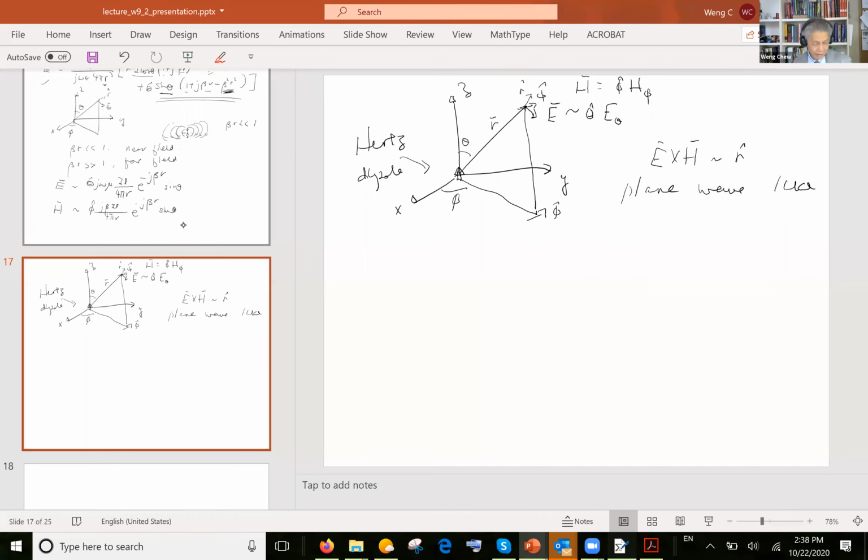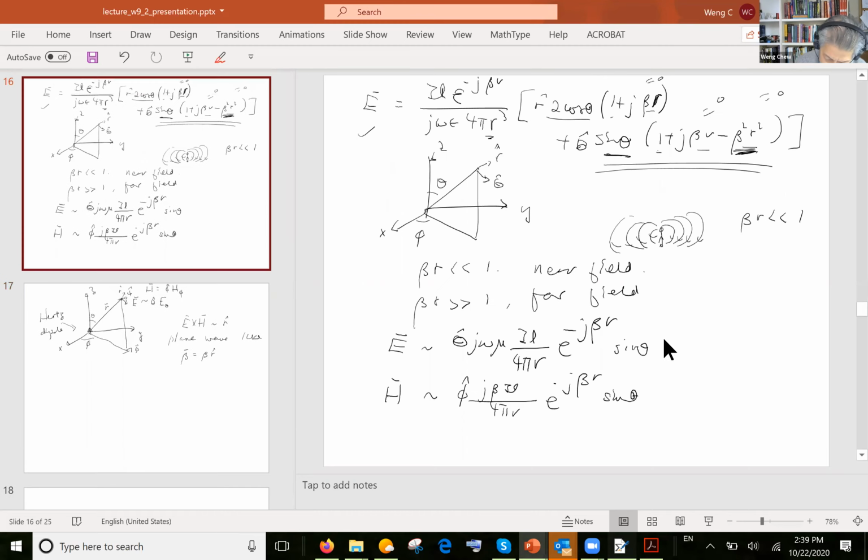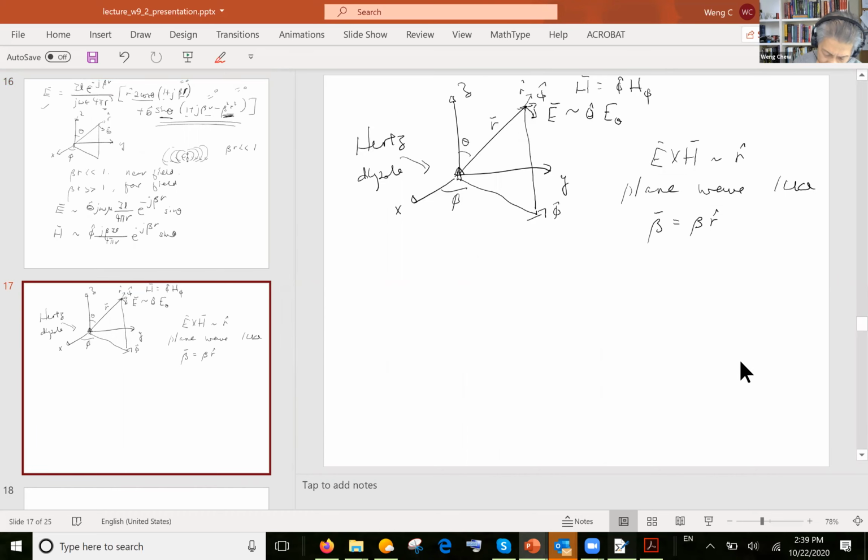Because we also saw that when we studied plane waves, if you take a plane wave and cross E with H, it points in the K vector direction. And the K vector, in this case, is actually pointing in the R hat direction, because if you think of this wave as propagating outward, as spherical waves, spherical waves propagate like this, and you can think of it as e to the minus j beta dot r, where beta is beta r hat, and r is r hat r.